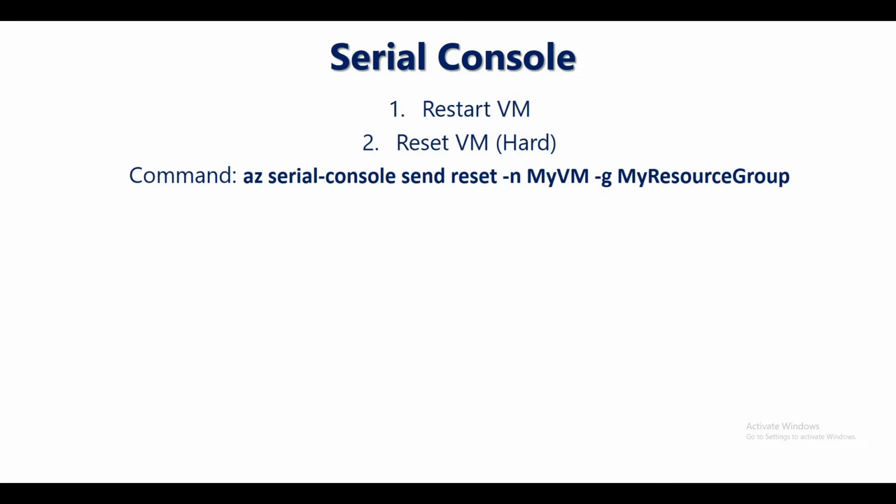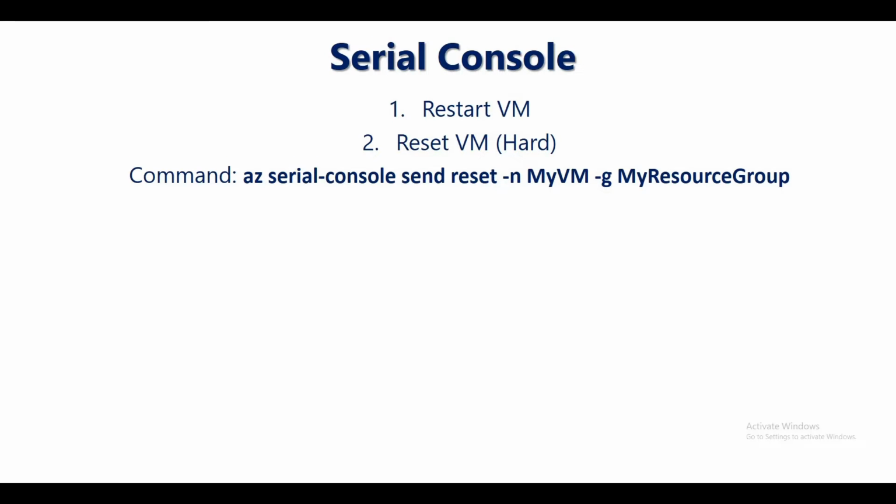In this option, whatever the state of the machine or the operating system, we are sending the instruction through the Azure portal, through the serial console, to reset the VM, and this will be a recycling of the power, and the machine will be rebooted in a very quick time. This is not a recommended one.